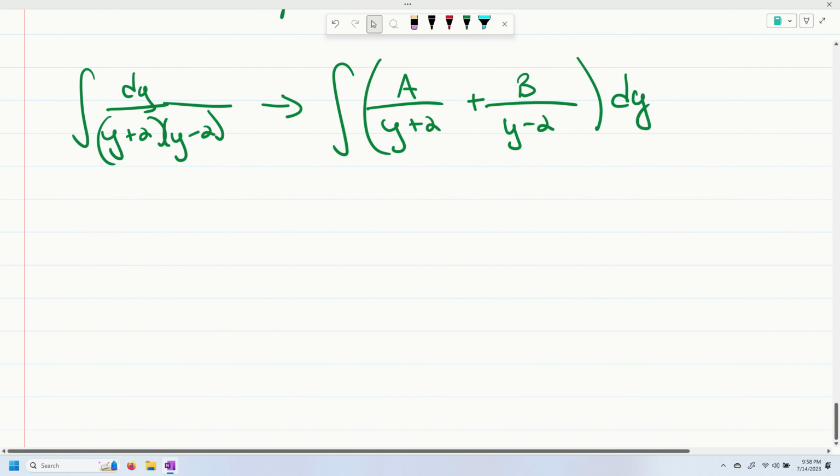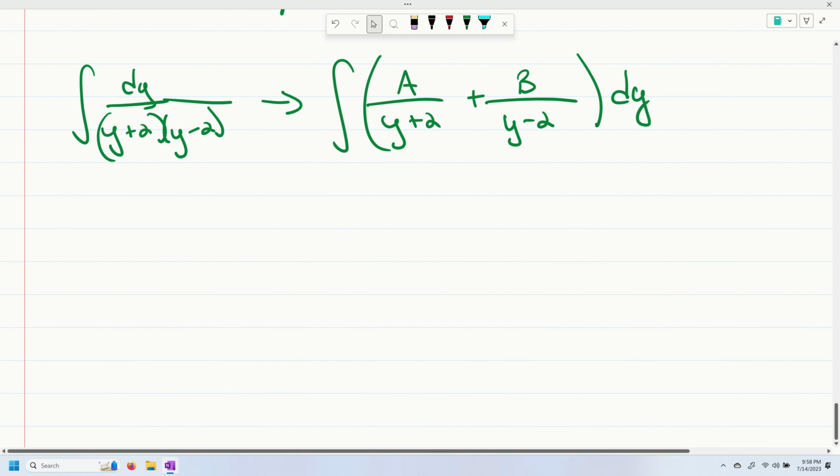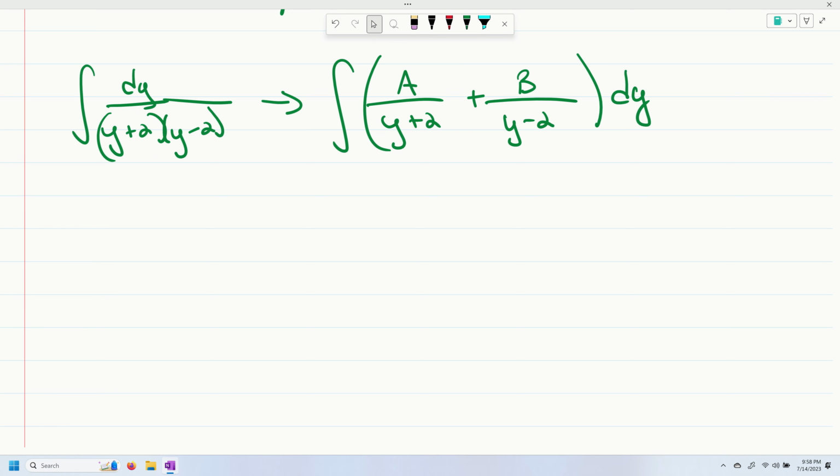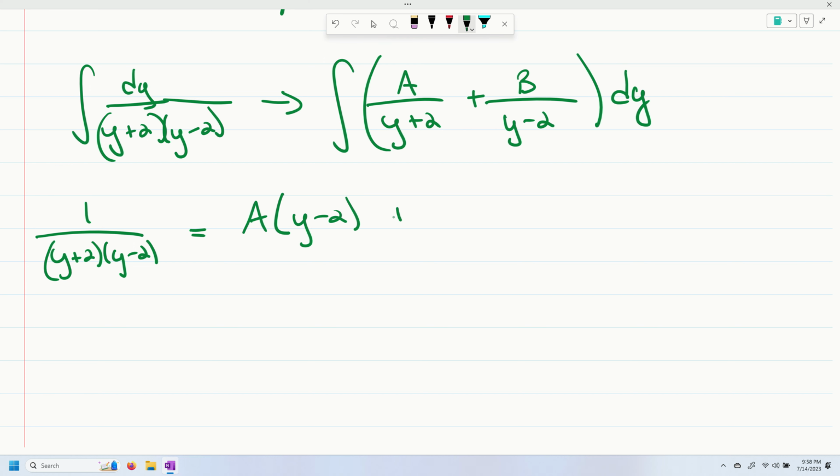And yeah, I'll go ahead and do the partial fraction decomposition for us, just so we remember how it looks. So we have 1 over the factored form equals A. Now remember, A already has the y plus 2, so this is just going to be y minus 2 plus B times, well, remember, the B already has the y minus 2, so we'll make it y plus 2.